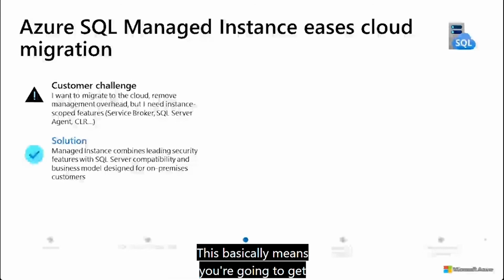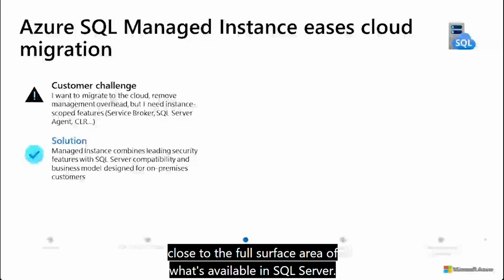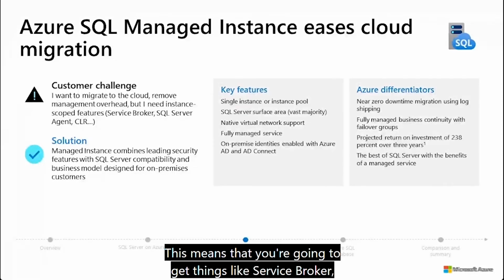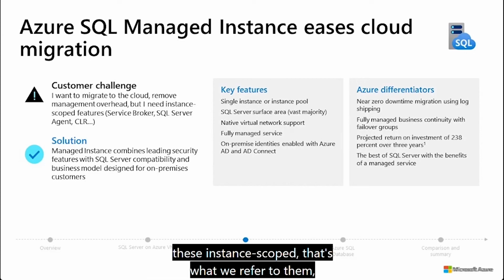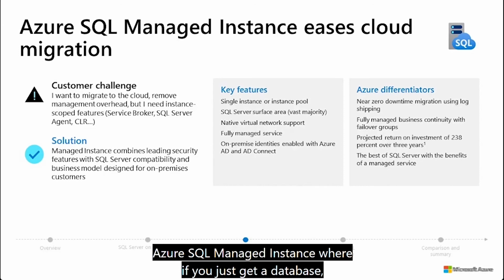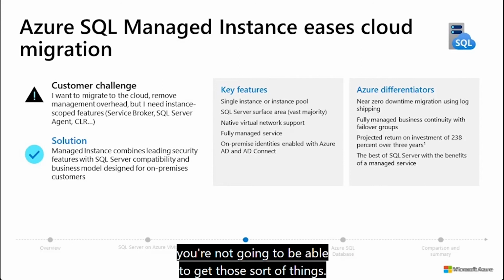This basically means you're going to get close to the full surface area of what's available in SQL Server. This means that you're going to get things like Service Broker, SQL Server Agent, Database Mail, CLR, these instance scoped features, that's kind of what we refer to them, you're going to be able to get in Azure SQL Managed Instance, where if you just get a database, you're not going to be able to get those sort of things.